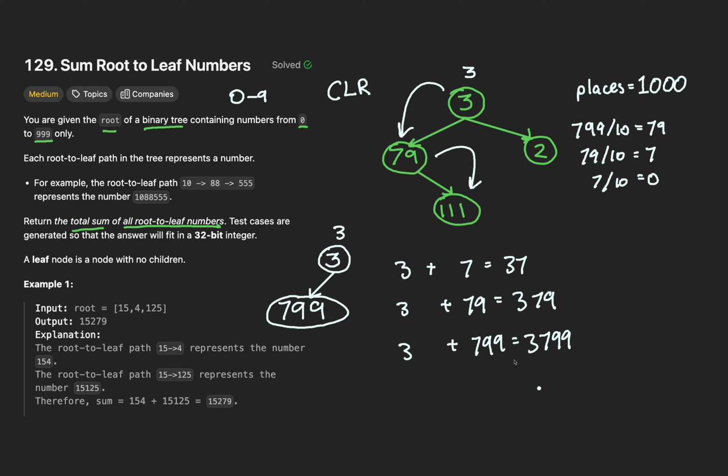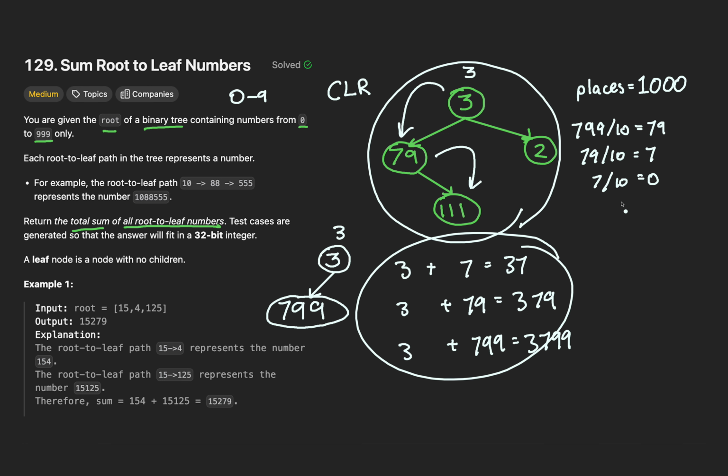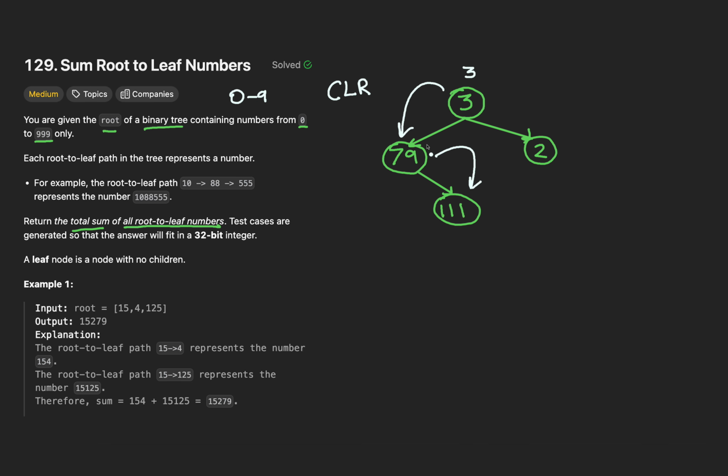Now let's roughly go through the rest of our original example. I won't be showing the nitty-gritty details because it's quite obvious now that we've established the necessary steps. We were on node 79, remember, where we build our current number to 379. We recurse to the left subtree, there's nothing there, so we backtrack. Therefore, we'll go to the right subtree to node 111.